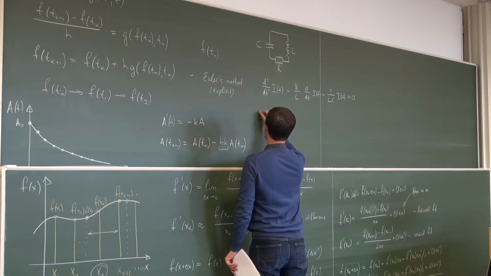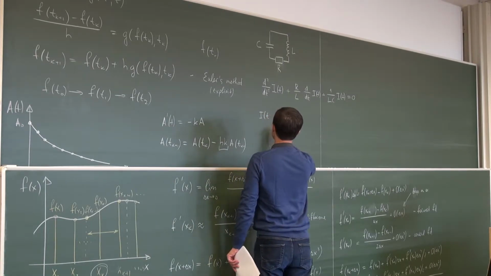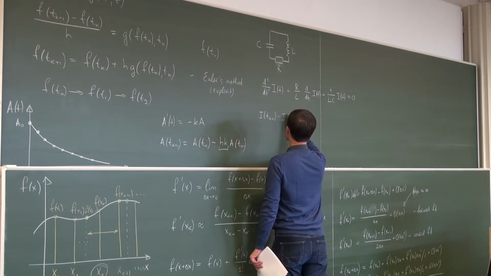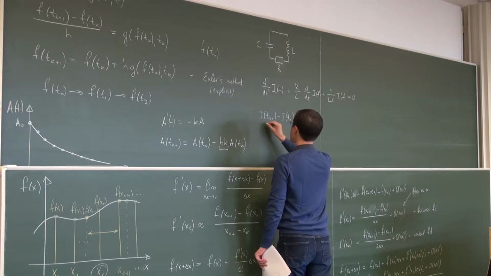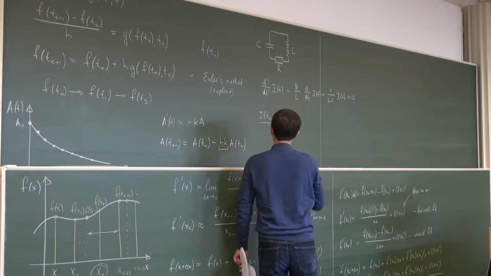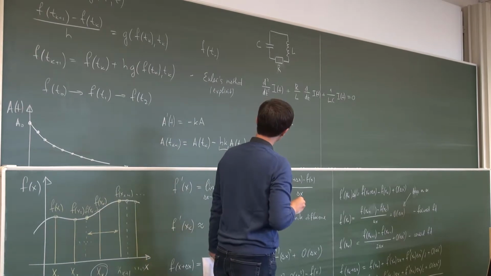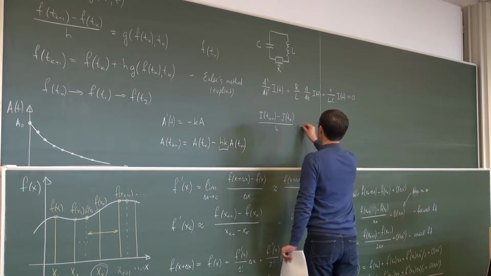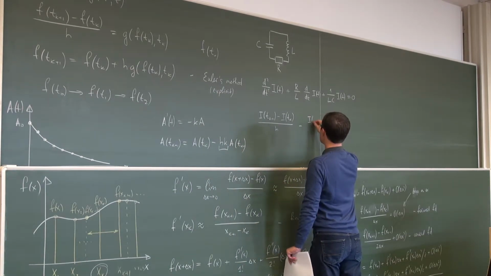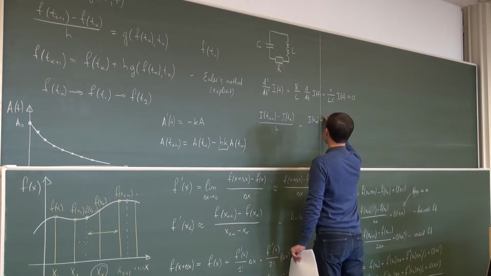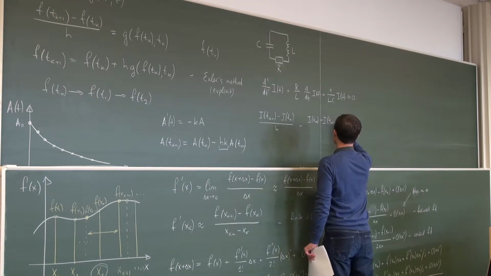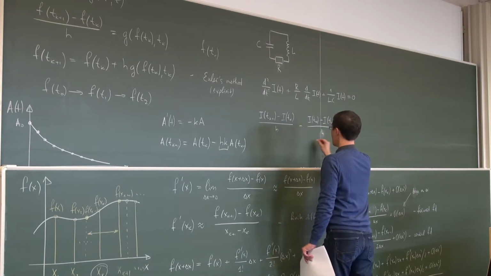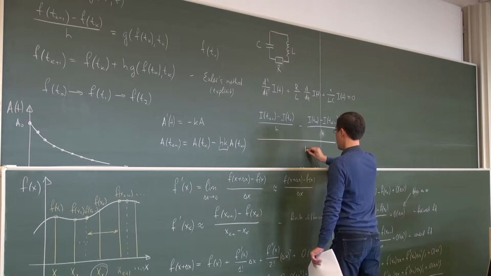It will be I of t_k plus 1 minus I of t_k over h. That's the first derivative. And of course, the derivative of a derivative will be that minus I of t_k minus I of t_k minus 1 over h, over h.